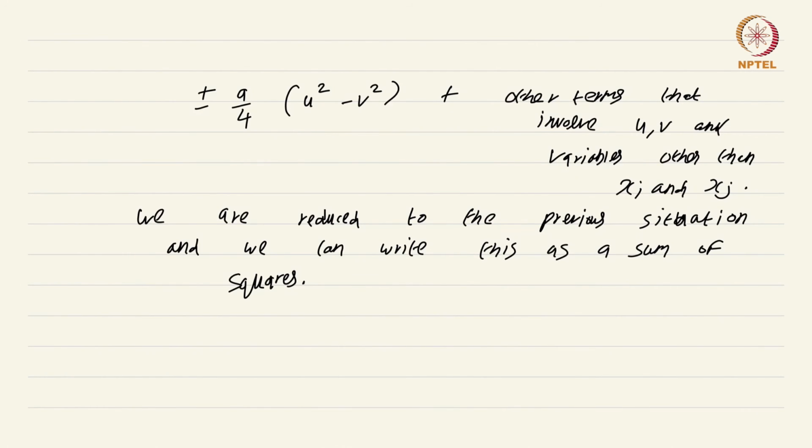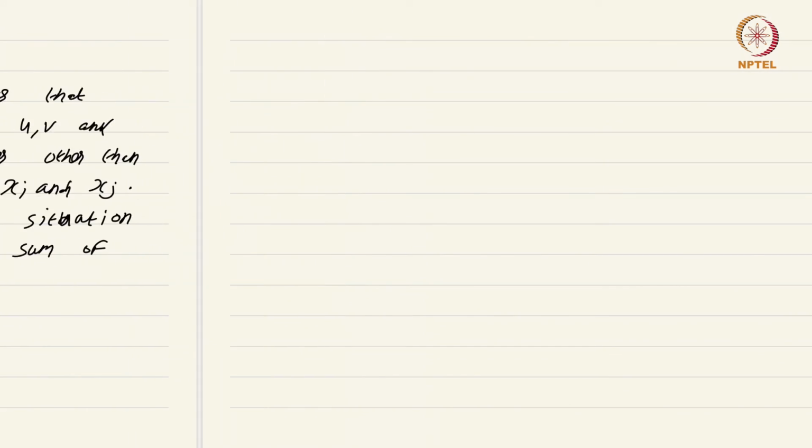Tradition demands that I work out one or two examples. I will work out really trivial examples and leave some in the exercises to you. Look at the quadratic form x squared plus xy. To complete the squares, it's very easy. You write this as x plus y by 2 squared minus y by 2 squared.